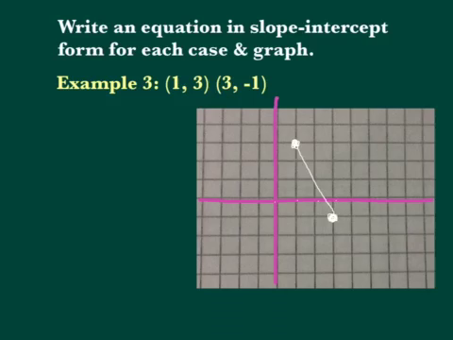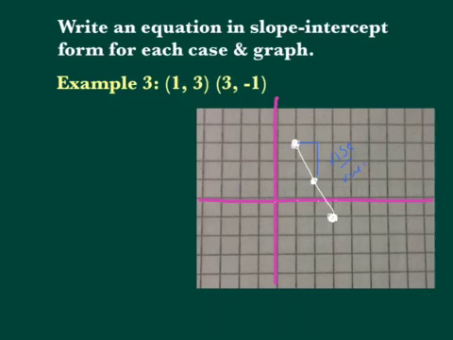Okay, notice it goes through another ordered pair right here. Okay, and then if you want, you can count those dots. So from one dot to the next, it goes up 2, to the left 1, up 2, to the left 1. So you're finding that rise and you're finding that run.